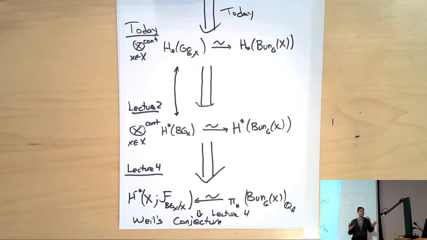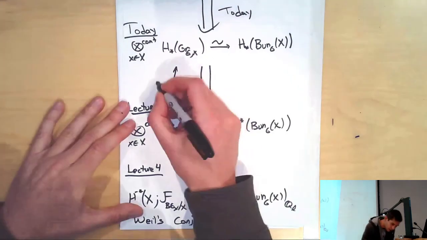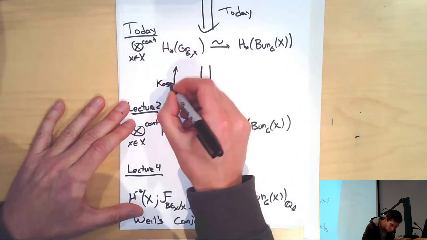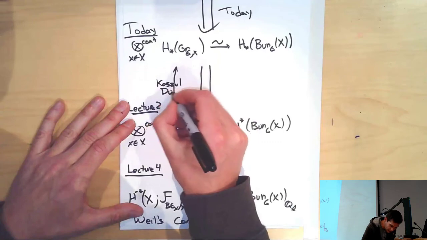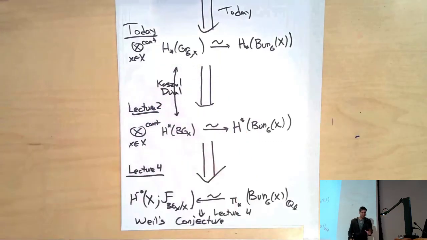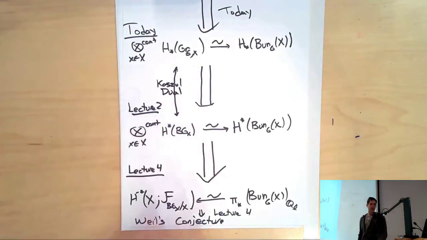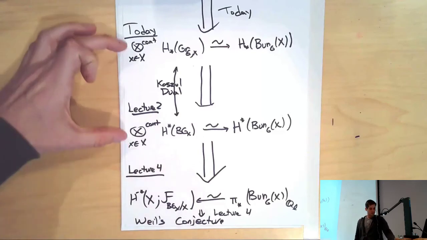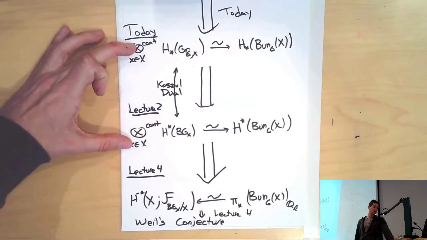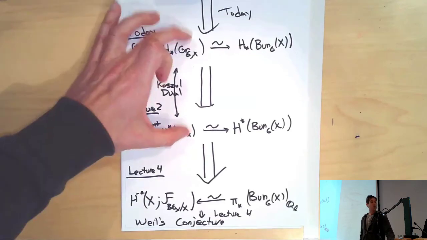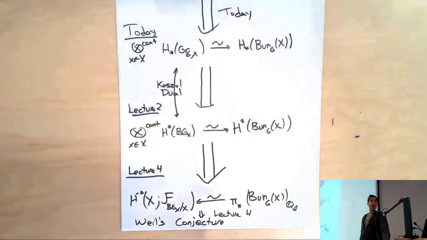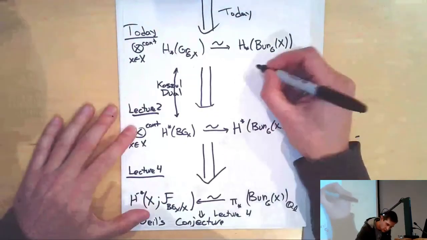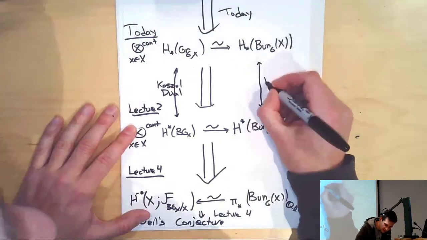Those factorization algebras are not the same, but they're related by an operation called Koszul duality. And essentially, this implication comes from the fact that the operation of taking factorization homology carries Koszul duality to duality of vector spaces. So these are just related by vector space duality.